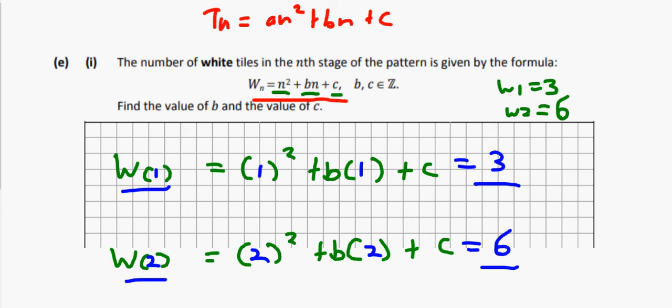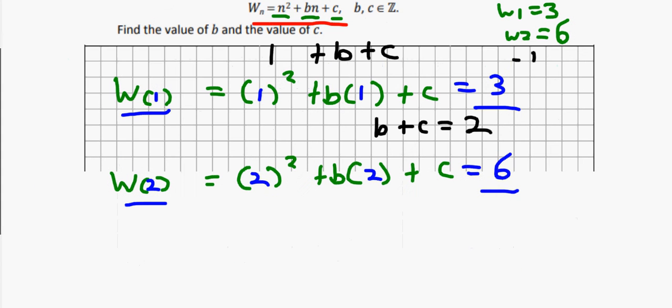Now, what happens when you square 1 squared? Just 1. And then move 1 over the other side, and what happens? So we get b plus c equals 2. And then underneath there, we're going to get 4 and 2b. So what happens when you move 4 over the other side? Comes minus 4. And what's 6 minus 4?